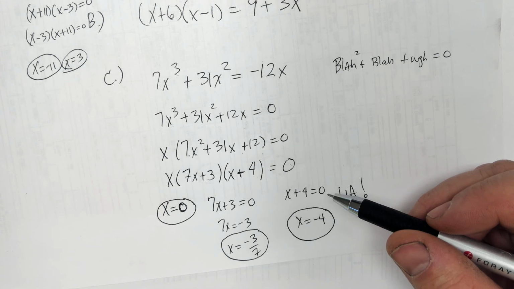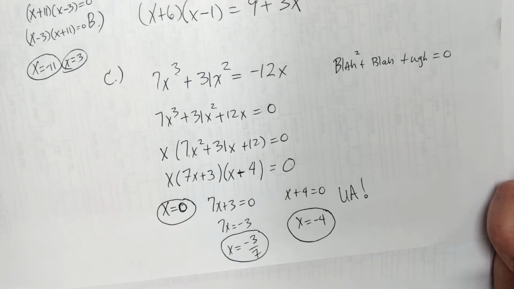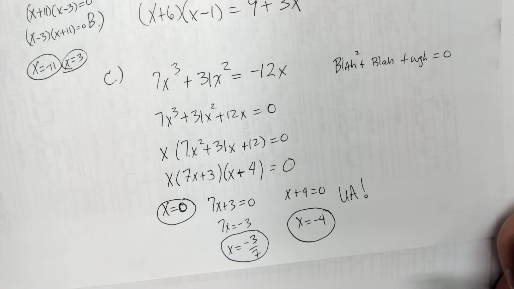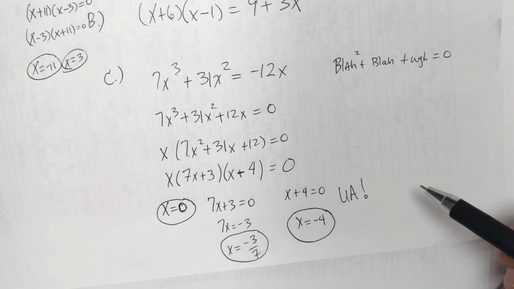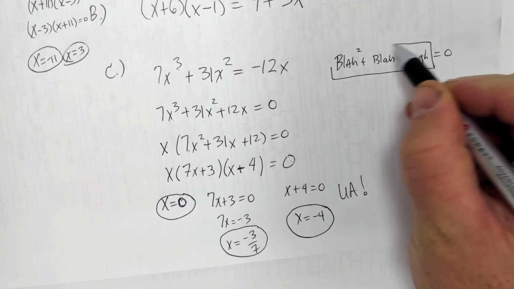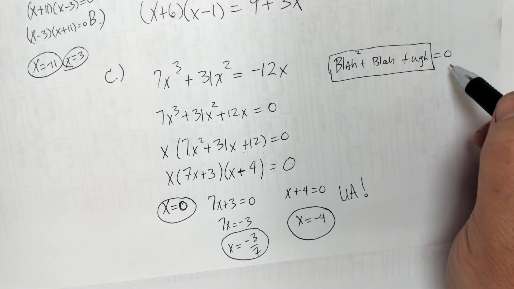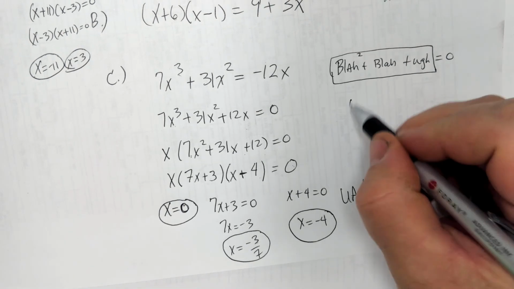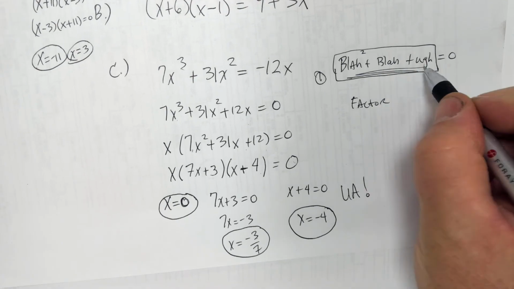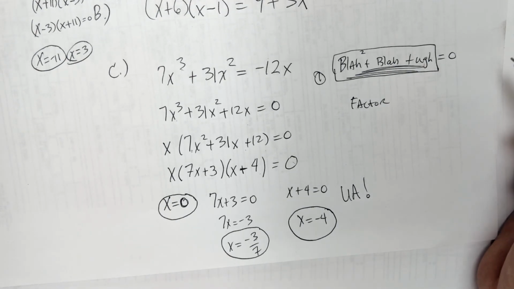Yeah. So, that's the idea. There's a ton of practice problems in the book about this, and it's all the same idea. The thing is, you need to start off with some polynomial that equals 0. And then you factor. So, step 1, you've got to get some polynomial that equals 0.